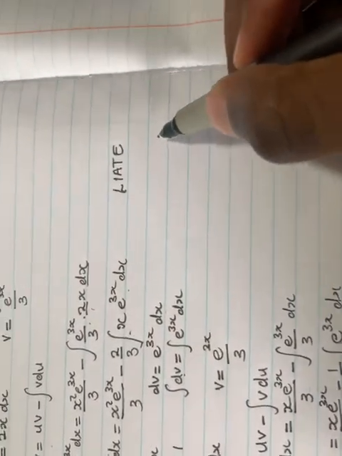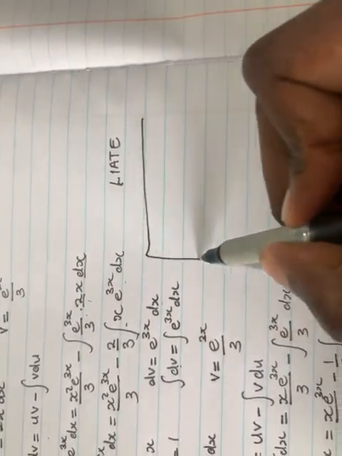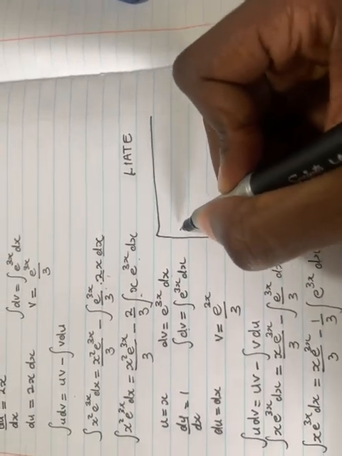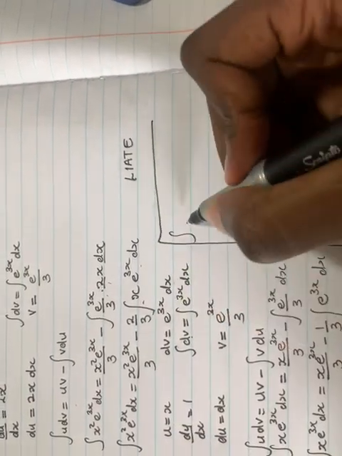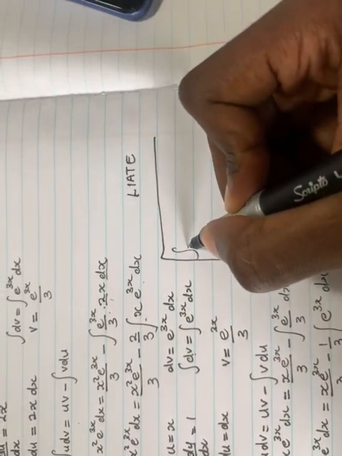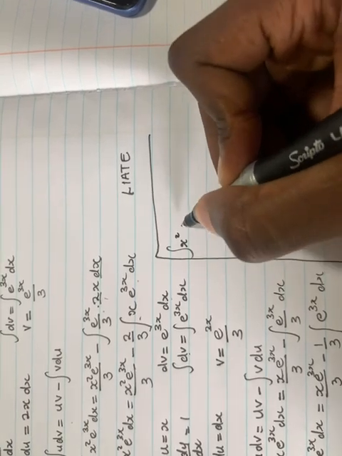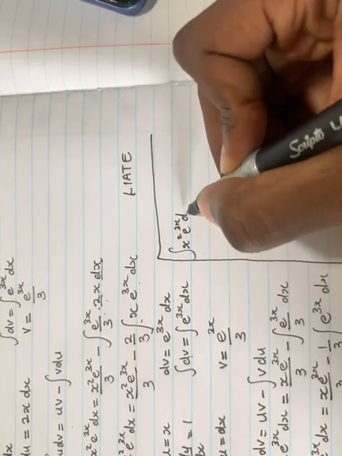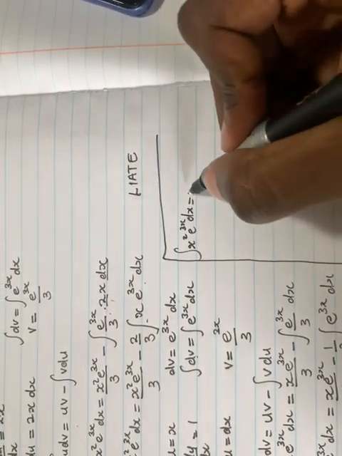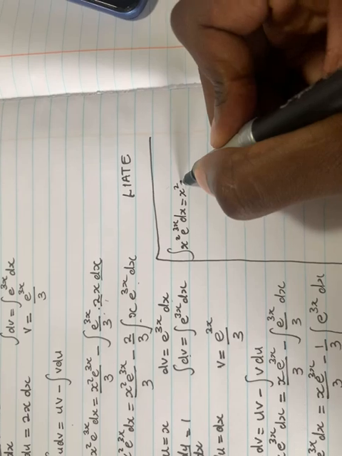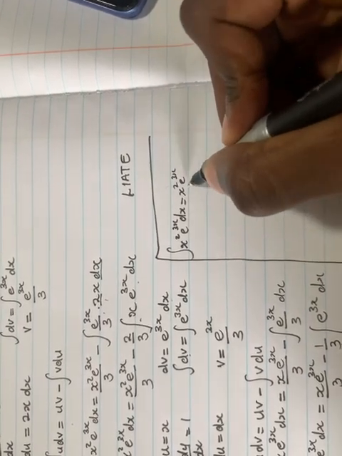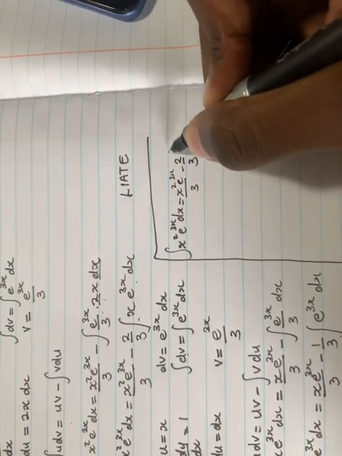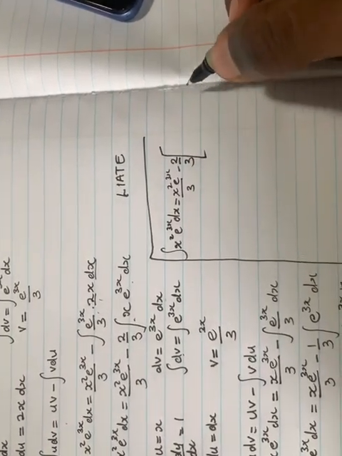So if I may do it here, we have the integral, which is everything here, so it will be the integral of x squared e to the power of 3x dx, equal to x squared e to the power of 3x over 3 minus 2 over 3, and we substitute everything here.